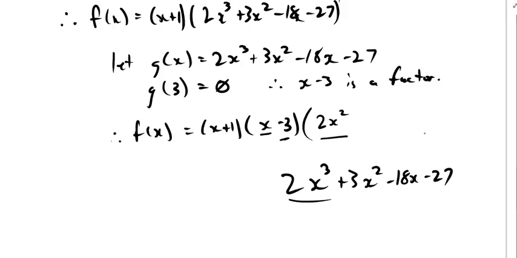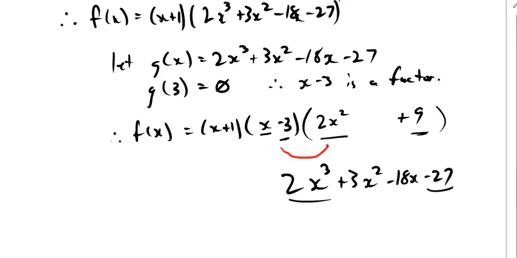3 times whatever is in the last position there, negative 3, has to give me that. Is that true? Because those are the only two things that are going to multiply together to give me the constant. So this is going to be plus 9. So I just have to find the middle term. So this is a little bit of a tricky part, but just watch.